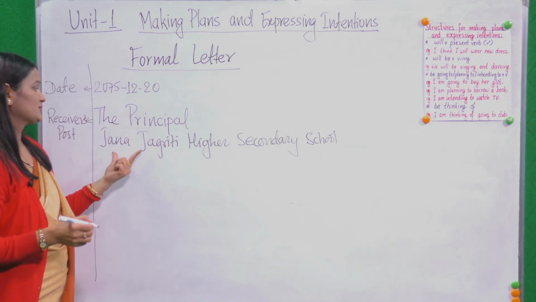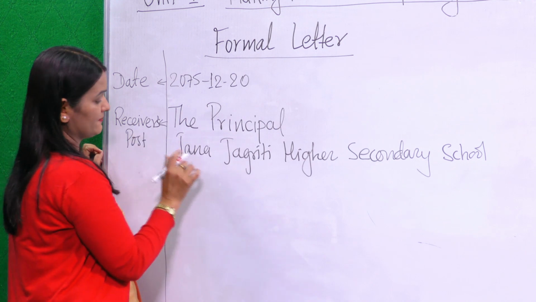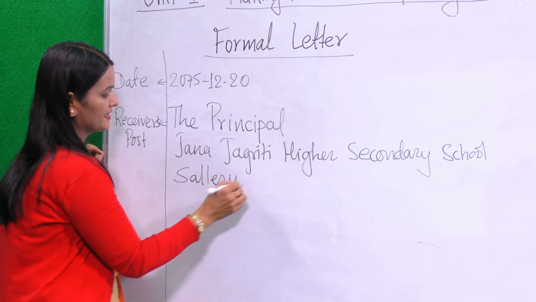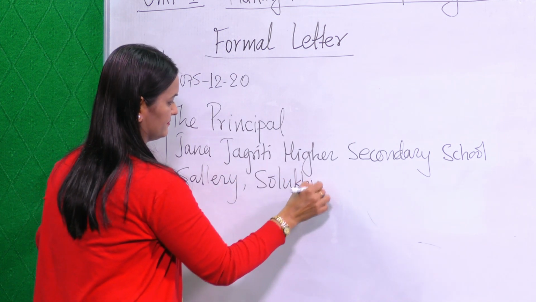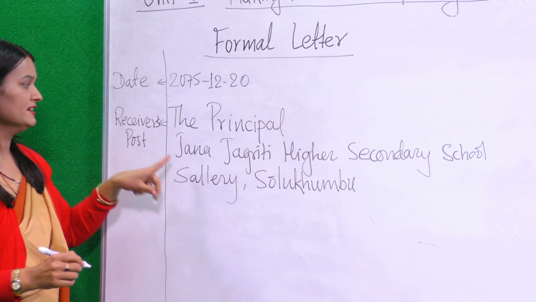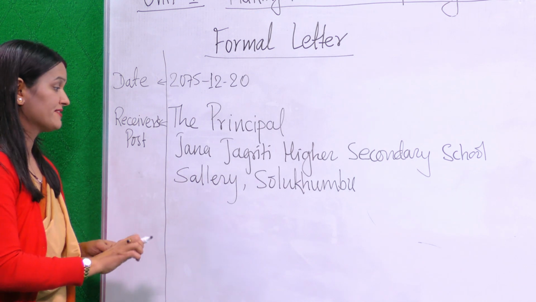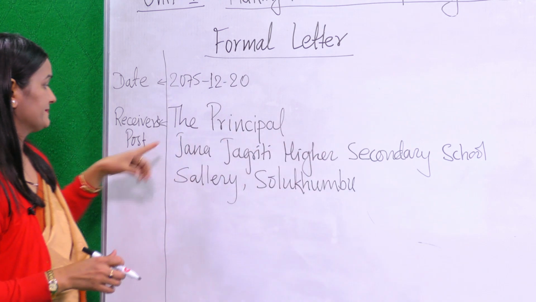After writing your school's name, the organization's name, you will write the address of this place. So this one is Salleri, Solukhumbu. So this is the address. Now, if you wish, you can write the phone number as well. If you write this much, it's okay.